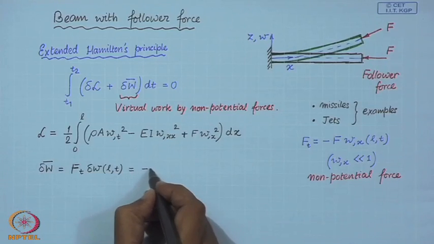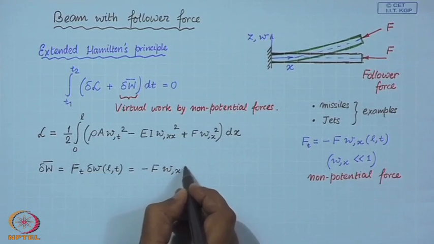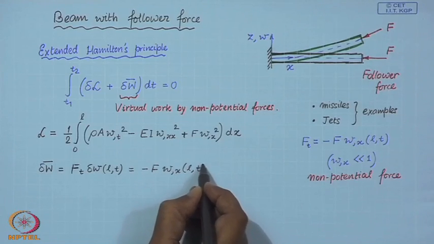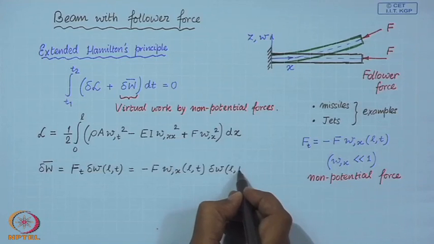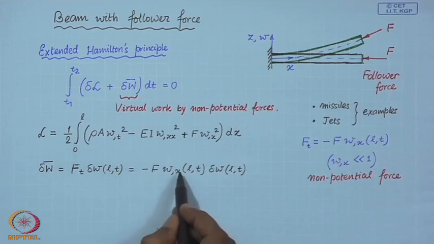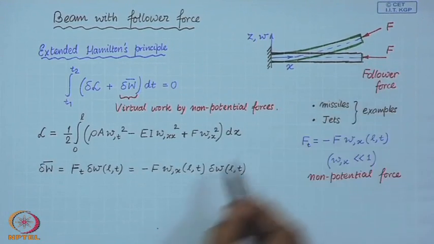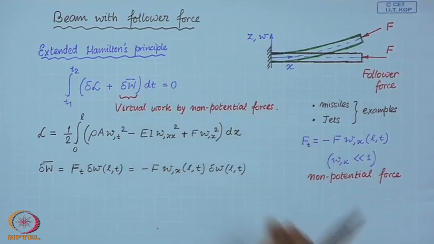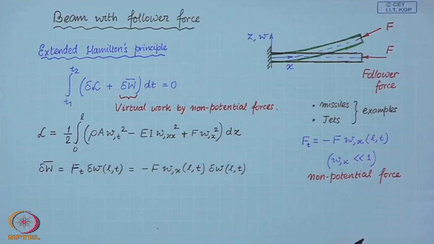So, that turns out to be this. You have to note that this virtual work is done at the point x equal to L. Now we put these things back in our extended Hamilton's principle.